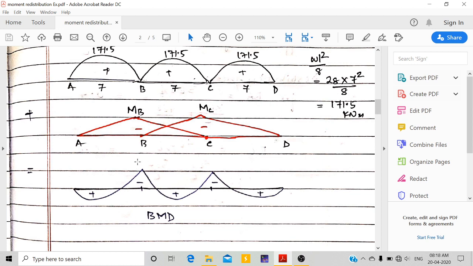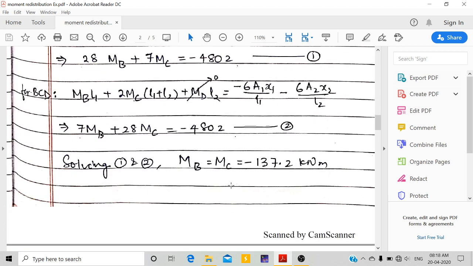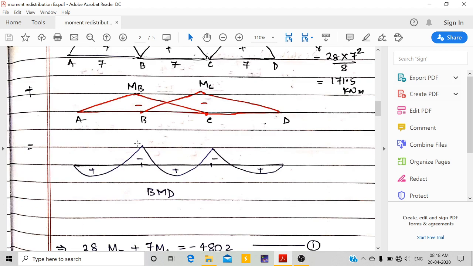Before it was 137.2 here, and here it is 102. In this you have to superimpose the new bending moment diagram after redistribution. After redistribution, the bending moment at this is 97, which we have calculated, so you have to draw 97 here.